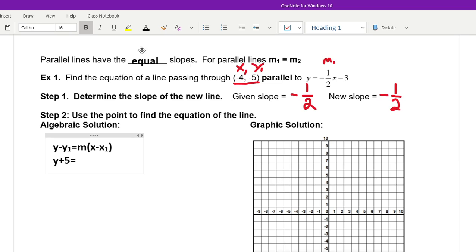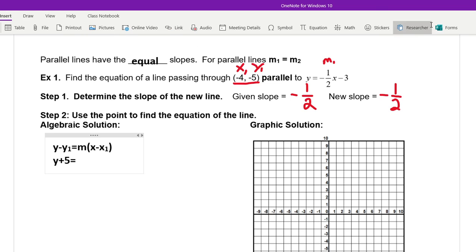Equals our slope, which was -1/2, x, now minus a negative again will give us a positive 4.